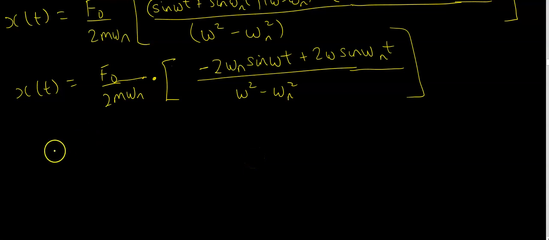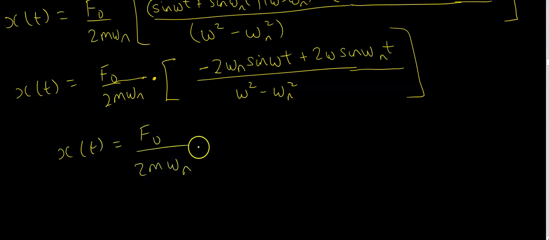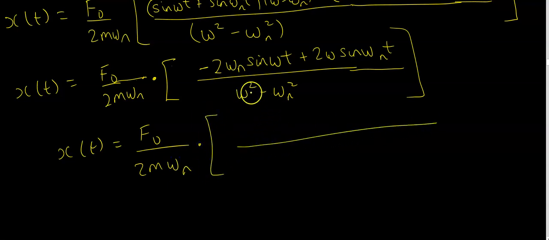We can say, well, xt is actually going to be equal to f naught on 2m omega n. Then I don't want omega squared minus omega n squared. Actually, what I want is omega n squared minus omega squared. So really, this is the negative that we have on the bottom here.